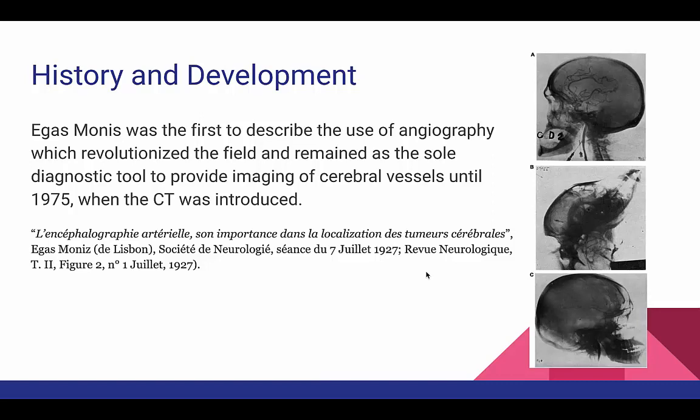In the second picture from the top, you're looking at a dog's head. It was a live dog on whom he undertook the angiography procedure, and you see the vessels.